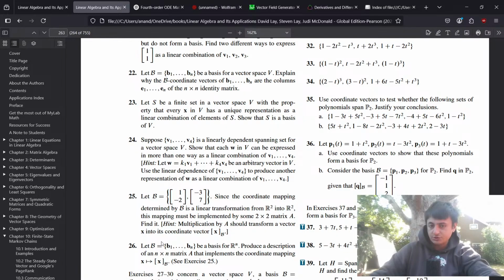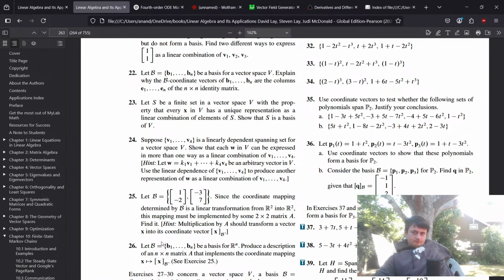So problem 23. Let S be a finite set in a vector space V with the property that every x in V has a unique representation as linear combination. Okay, so what do we have?